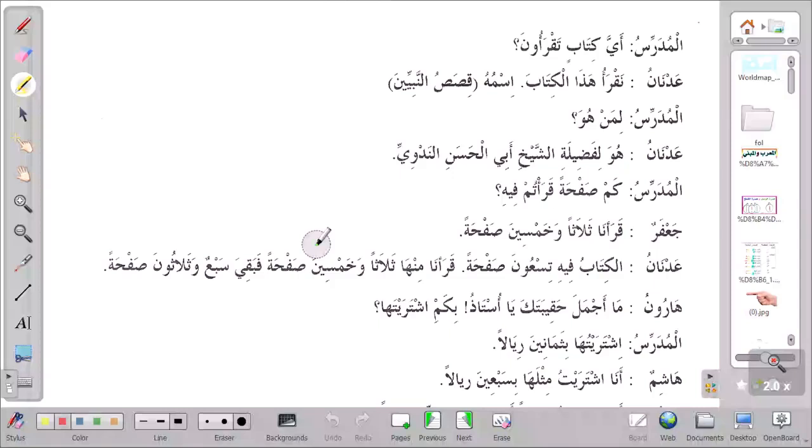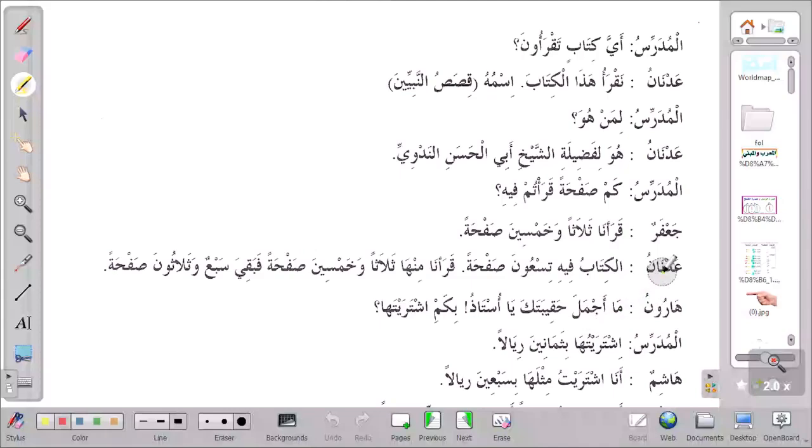فبقي سبع وثلاثون صفحة. And it is left with 37 pages.